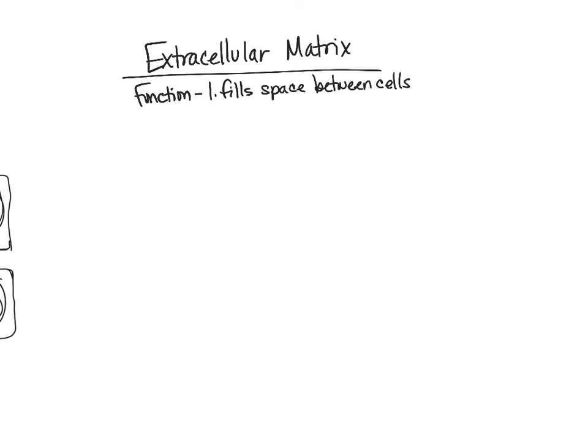We have some other types of tissue that send communication signals or send things between them, and so we have lots of space between these things. Secondly, it gives cells a place to attach.